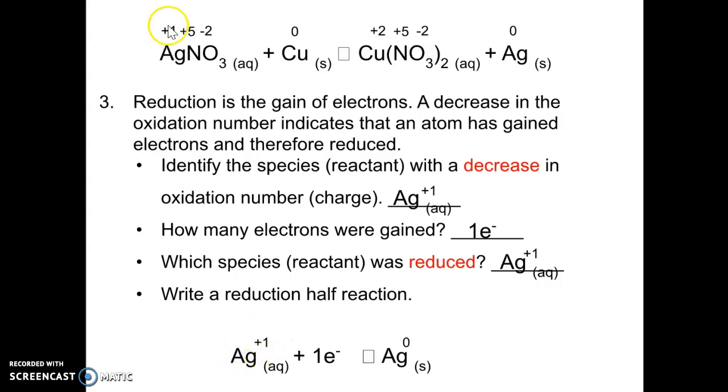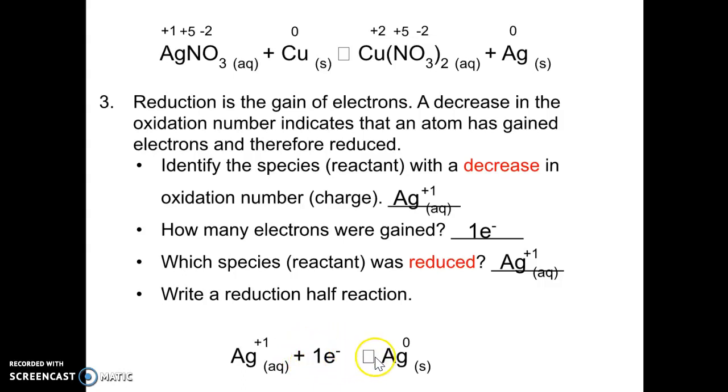I know it's +1 because I solved for the oxidation number, which again, I'll show you a video of how I did that separately. It's aqueous, which means it's in ion form, so it has this charge. And now, because it's being reduced, it's gaining an electron.